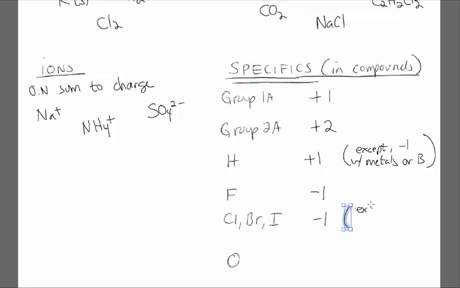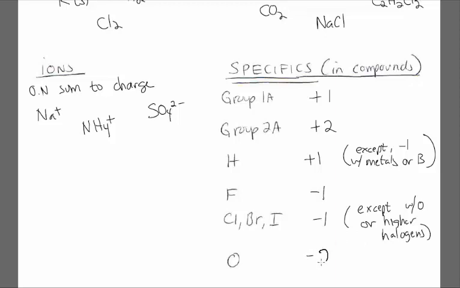Okay, so except with oxygen or higher halogens, and by higher, I mean higher on the periodic table. So when with oxygen or higher halogens, they will have something other than -1. Otherwise, it will always be -1.